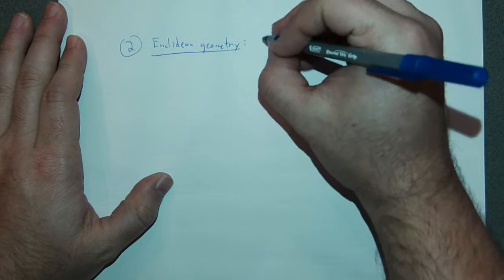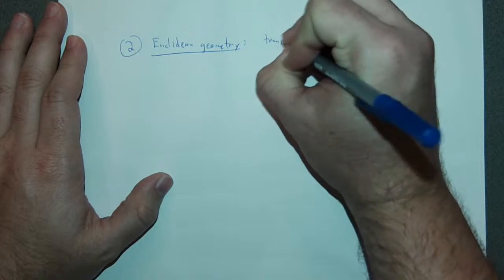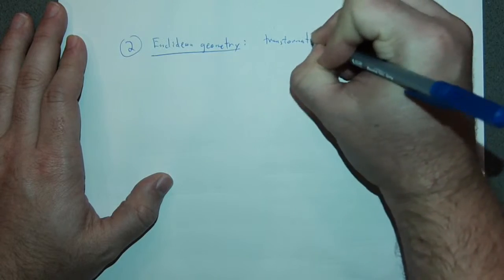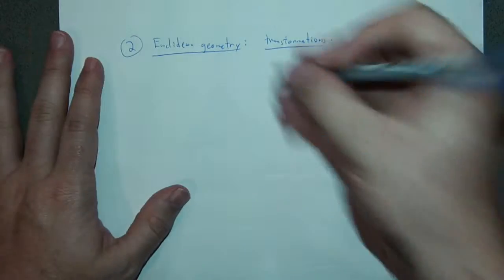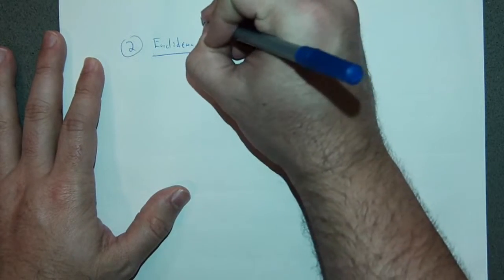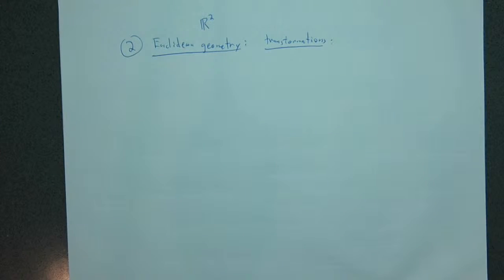So let's start out with the transformations. So what are my transformations? And let's do Euclidean geometry of the plane. So let's do Euclidean geometry in R2. So we'll do Euclidean geometry of the plane.